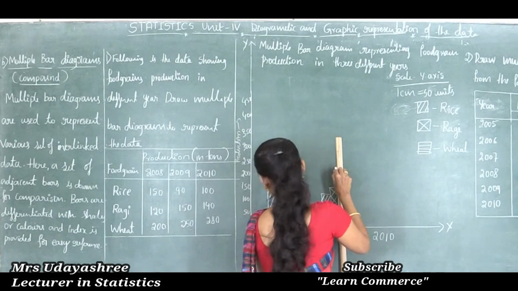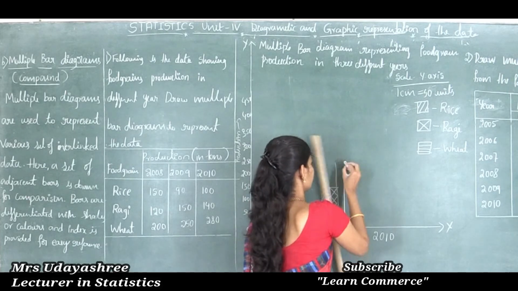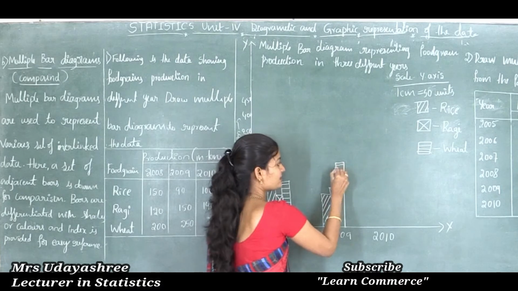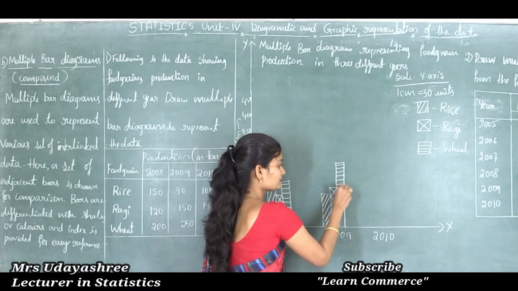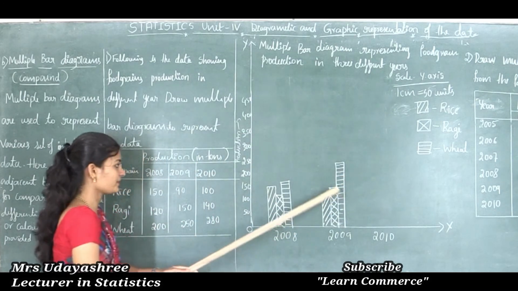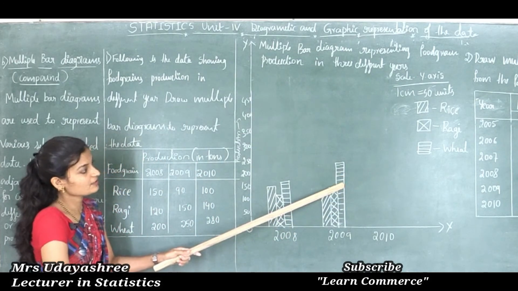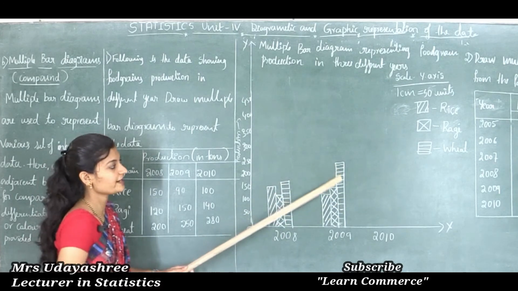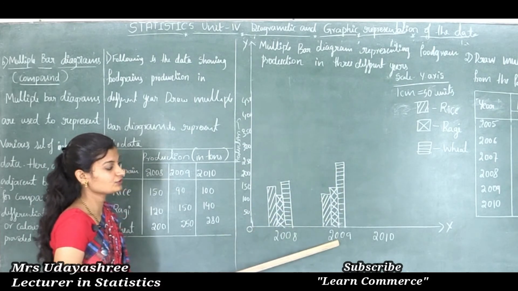Yeah, this is 250. So for wheat the mark is like this. So this bar indicates the production of wheat in the year 2009.